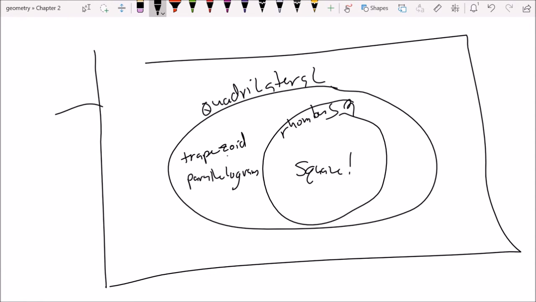Now I wonder, do you have any ideas about what would be on the outside of the bubbles? So not inside the rhombus bubble, not inside the quadrilateral bubble. How about like a pentagon? Because specifically right here where it says quadrilaterals, it's talking about things that have four sides. And so outside of this bubble would be anything that does not have exactly four sides, like a pentagon in this case.